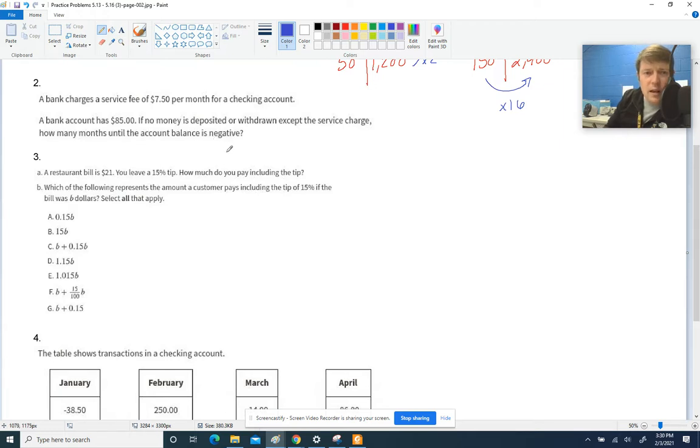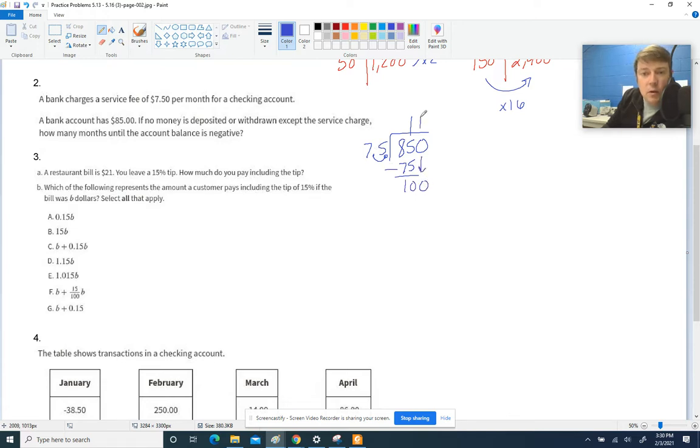So I guess we need to do some division, right? This is just a straight up division problem because we're losing $7.50 per month, and we're trying to find out how many times 7.5 goes into 85, and how many months it's going to take before that gets negative. So I'm going to think of this as 75 and 850 because I'm going to move that decimal over. 75 will go into this once with a difference of 10, and 0 drops down.